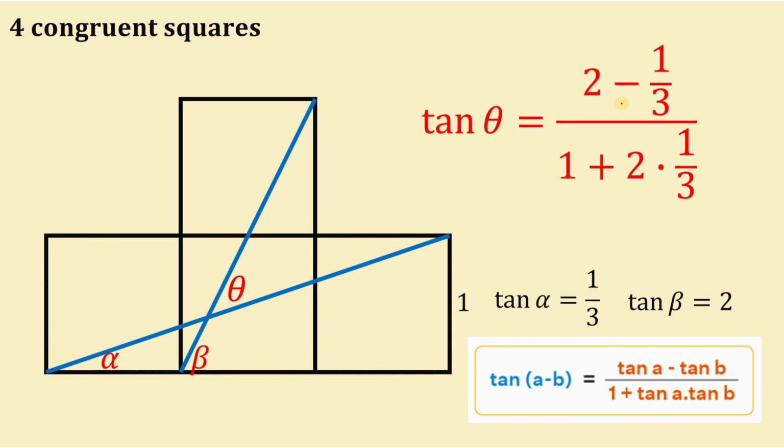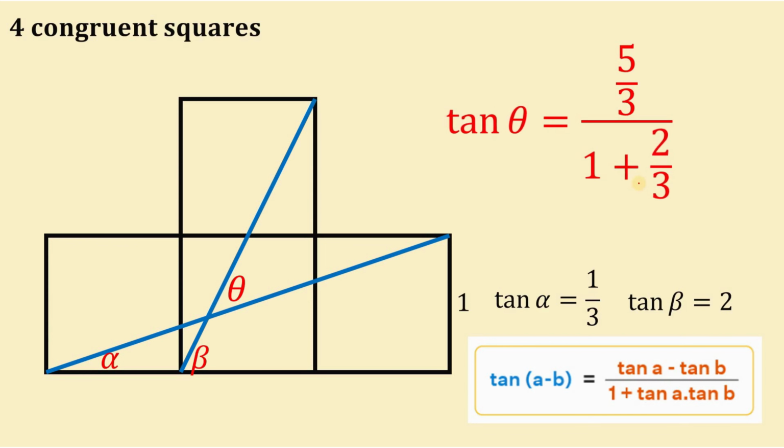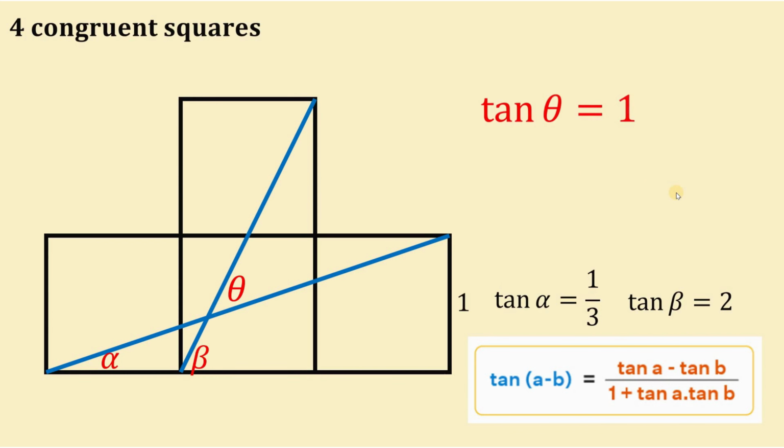So we have tangent theta equal to 2 minus 1/3 all over 1 plus 2 times 1/3. Now, 2 minus 1/3 gives us 5 over 3. On the denominator, 2 times 1/3 is just 2 over 3, and 1 plus 2 over 3 is just 5 over 3. Surprisingly, 5 over 3 over 5 over 3 gives us a value of 1.